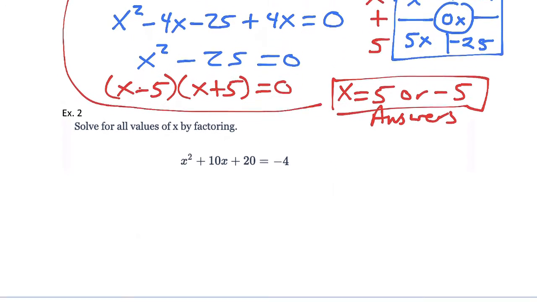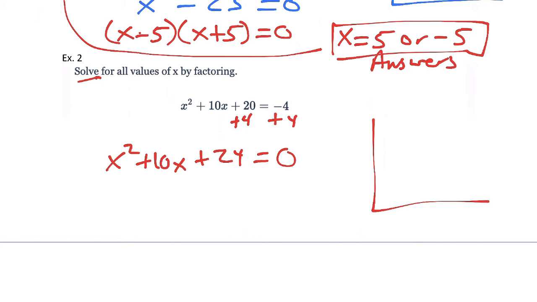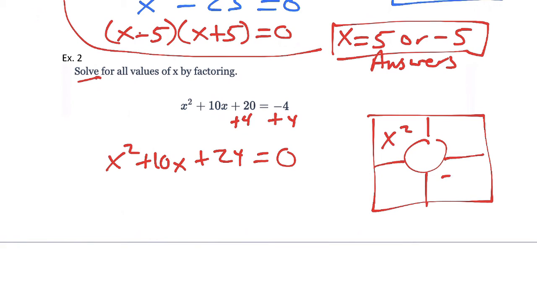So let's take a look at another one here. Again, it's asking us to solve by factoring. So what I'm going to do is add 4 to both sides, combine like terms, and I end up having x squared plus 10x plus 24 equals 0. Again, if you're the box kind of person, this is x squared, this is 24, and this is 10.